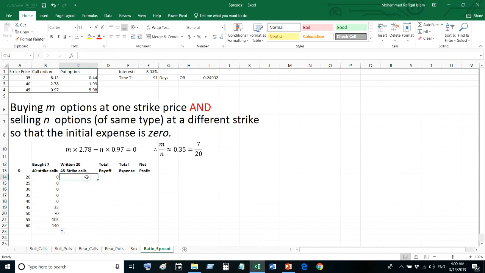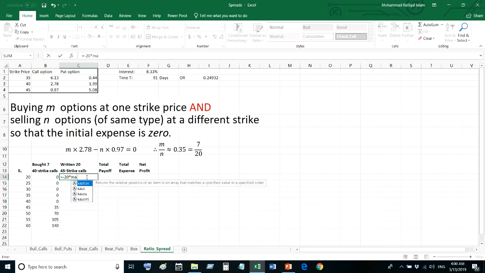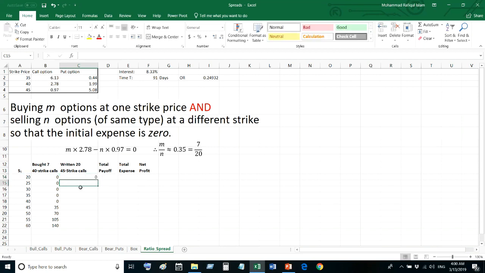And for the written 20 45 strike calls, since we wrote, it's negative times the maximum of the spot price minus the strike price, or 0. So the total payoff is found by adding these two payoffs. That's the total payoff.